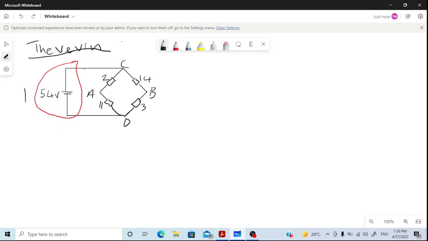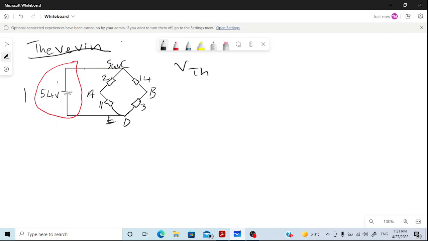Okay, we are going to use this particular circuit here to get our Thevenin voltage. Now we can take this point as our reference node and make it a ground, because in the question they didn't specify, and this point is 54 volts as stated by this power source.